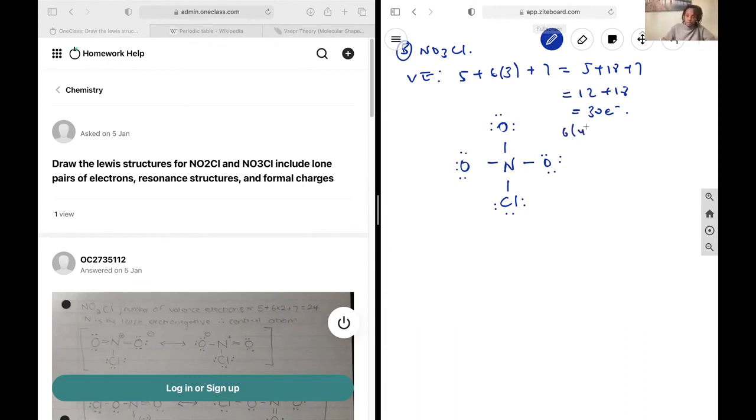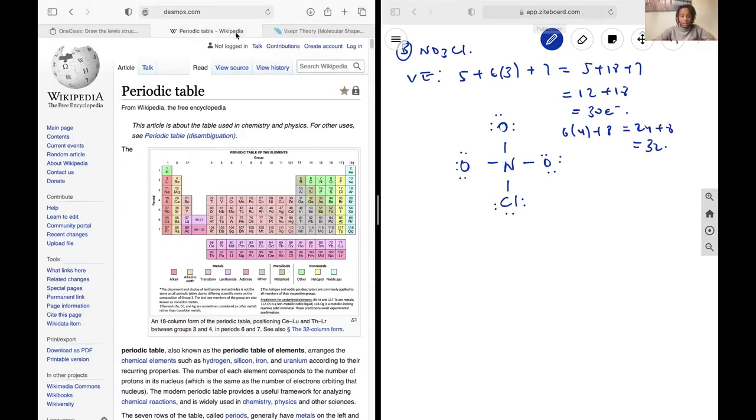So I have 6 times 4 plus 8, and that is going to give me 24 plus 8, which is 32. So I have too many electrons this way, and that would make it tempting to start making double bonds, but I need to account for the fact that nitrogen can't have an expanded octet, and that's because it's only in period 2.